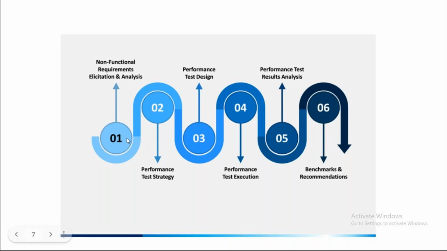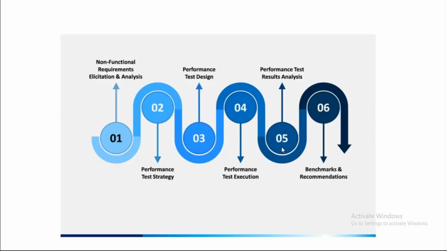So the first two parts, requirement gathering and performance test strategy, are document-type activities. We will look into them in detail later in the session. I will show you the activities of steps 3, 4, and 5 here, like scripting, script recording, execution and analysis.